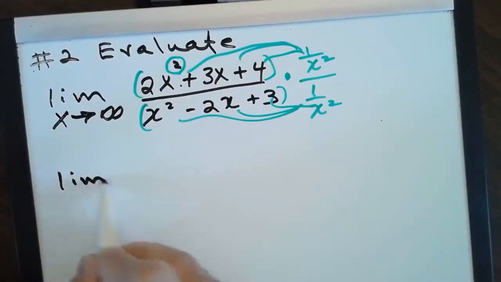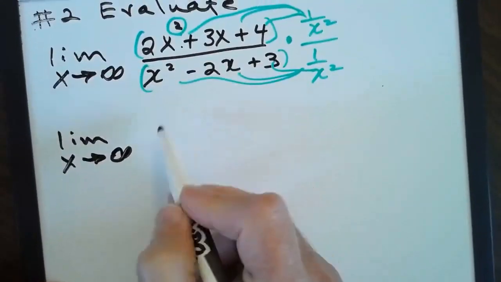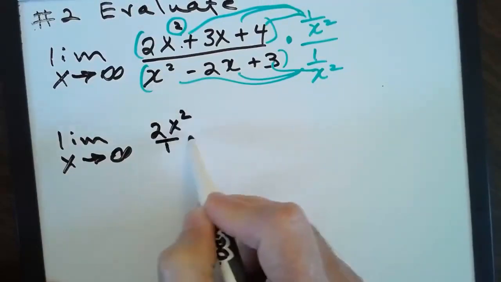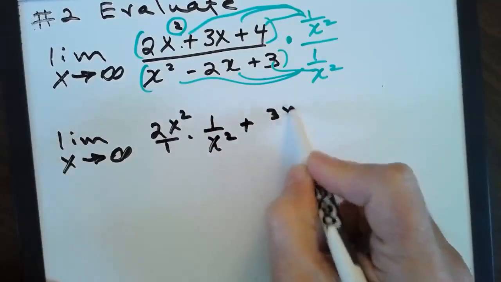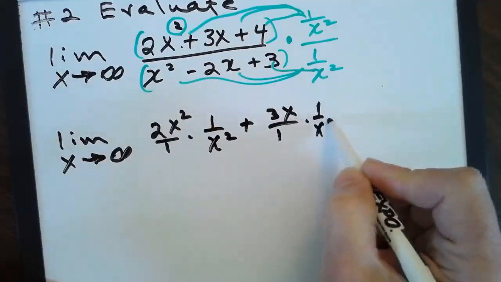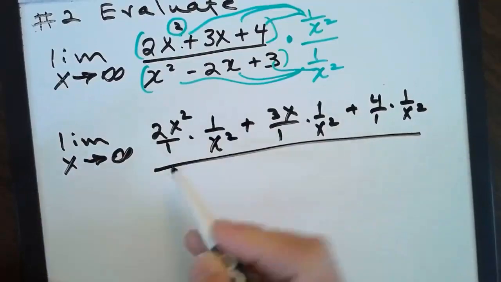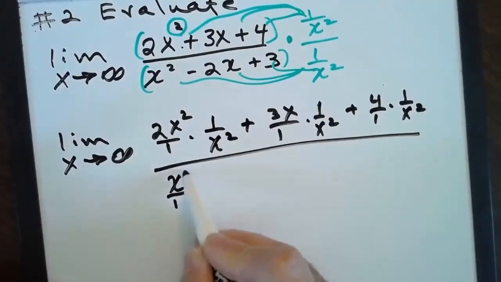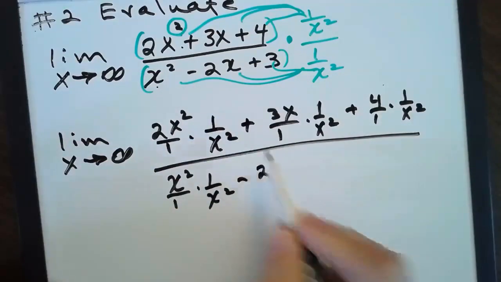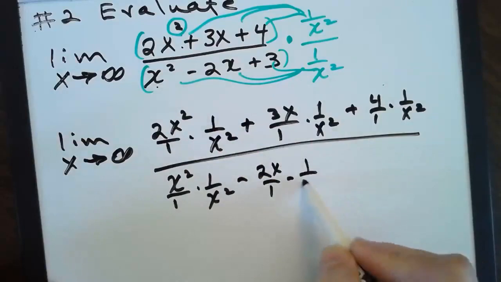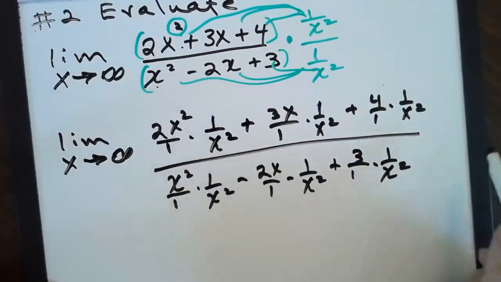So here we have the limit as x tends towards infinity of 2x squared over 1 times 1 over x squared plus 3x over 1 times 1 over x squared plus 4 over 1 times 1 over x squared, and that will be over x squared over 1 times 1 over x squared minus 2x over 1 times 1 over x squared plus 3 over 1 times 1 over x squared.